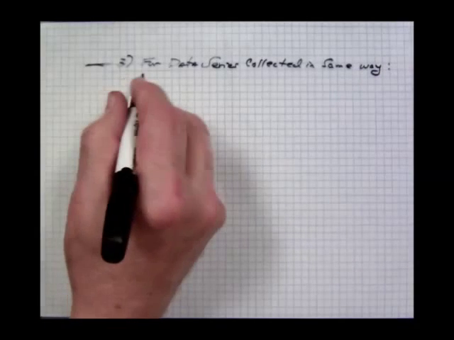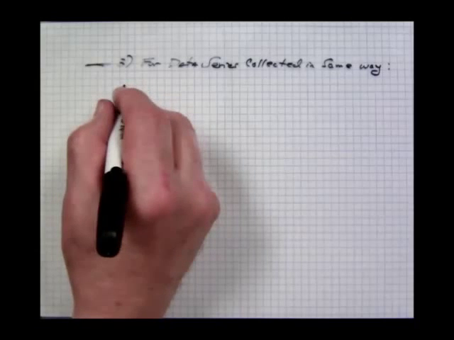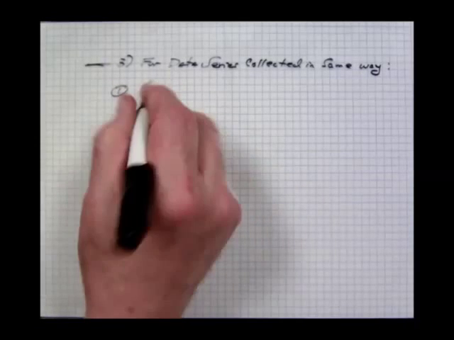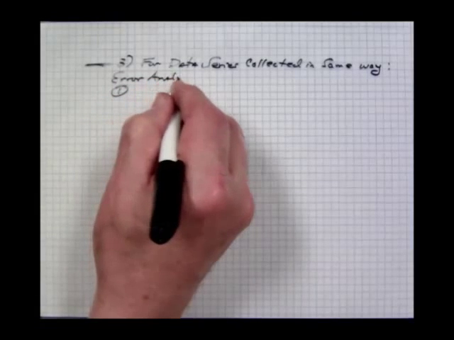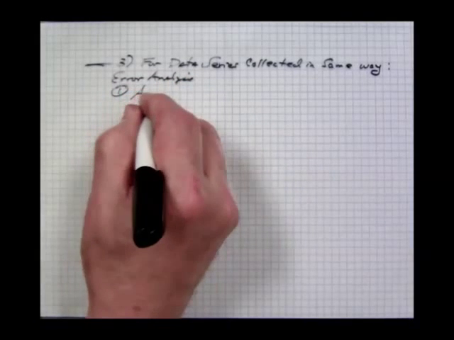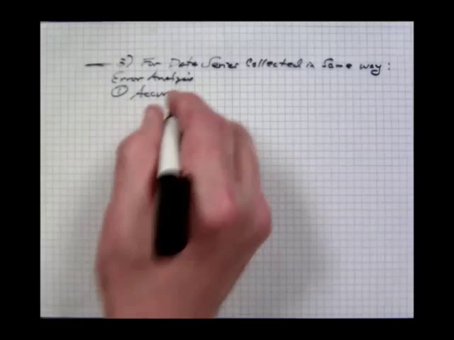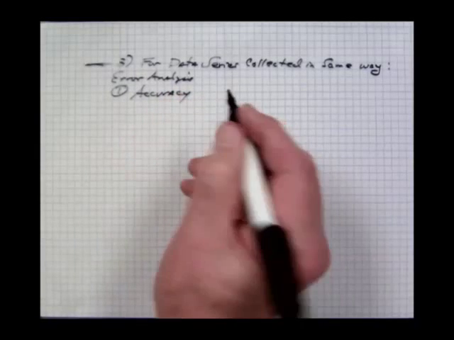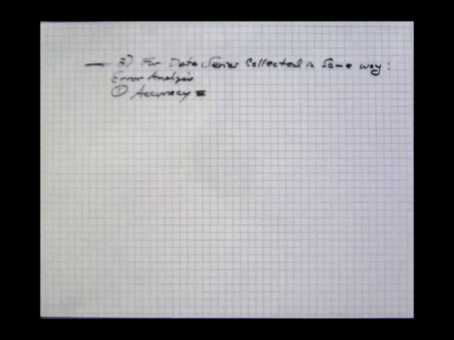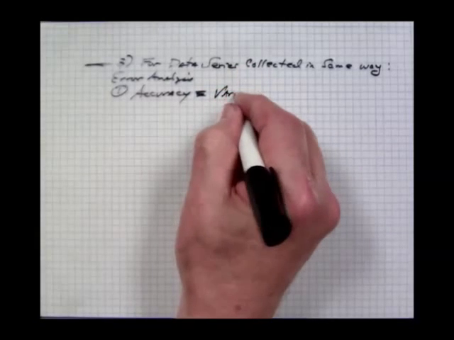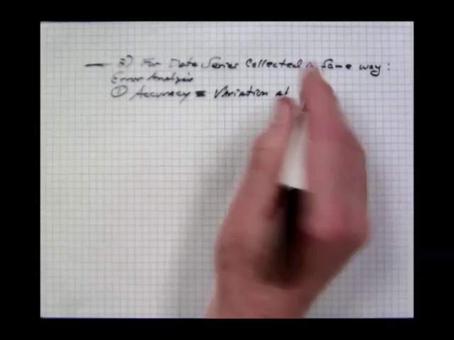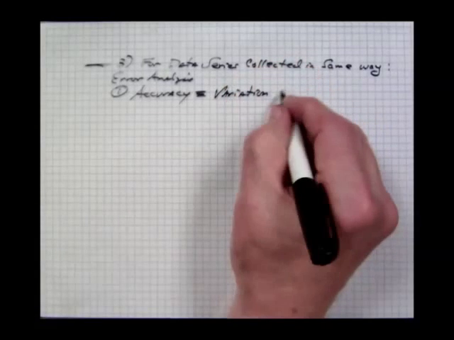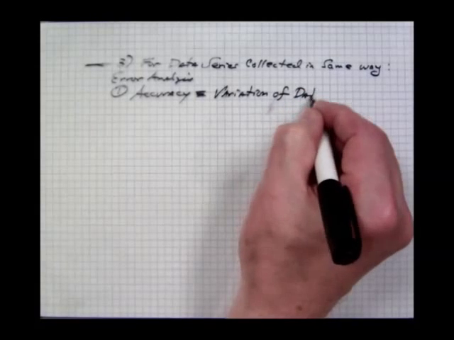We can say you'll have 2 kinds of error evaluations. One will be an accuracy analysis, which by definition is the variation about variation of data. I'm going to go ahead and put it in data.